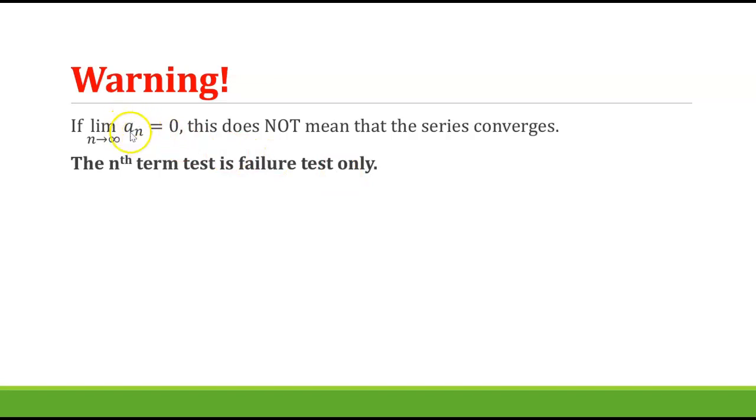If the limit of the general term is anything other than 0, then we can say the series diverges. But if the limit of the general term a sub n does equal 0, it doesn't really mean anything. This does not mean the series converges. So this is a really, really important point that you should take a second to really think about, because it is probably one of the most common mistakes early on when we talk about the tests for convergence and divergence.